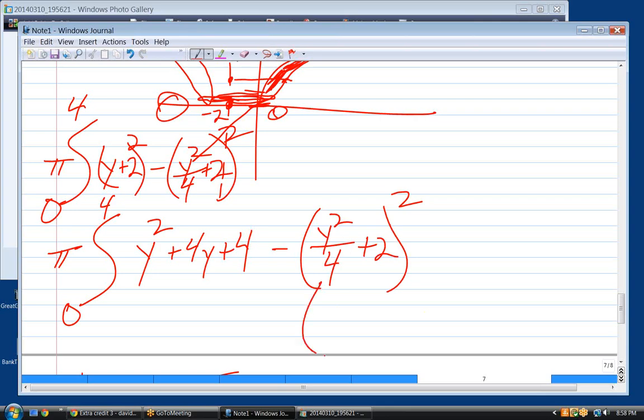When we square that, we get y to the 4th over 16 plus 2 times that, so that's just y squared plus 4.